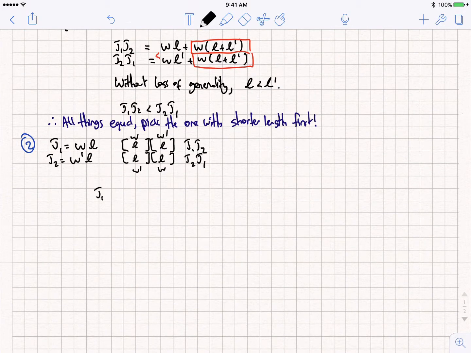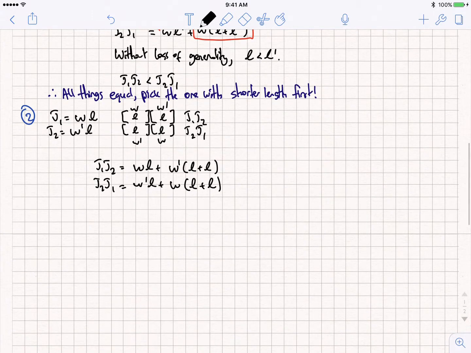So we have J1, J2 is equal to WL plus W prime L plus L, and J2, J1 is W prime L plus WL plus L. Let's simplify these two. We have WL plus 2L W prime. This one is W prime L plus 2L W.